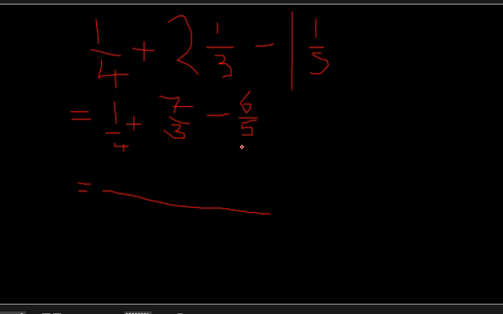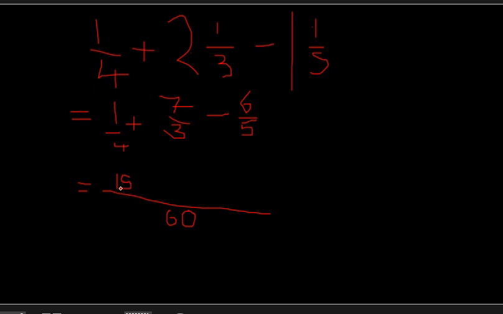What number is that? Here we find that the lowest common denominator is 60. How many times does 4 go into 60? 15. 15 multiplied by 1 on top is 15 itself.